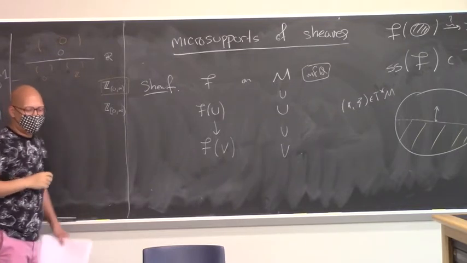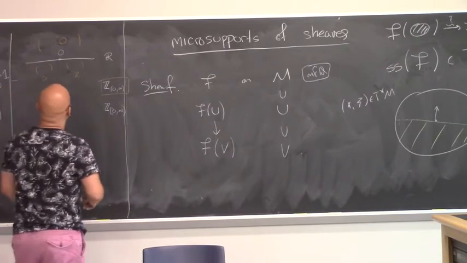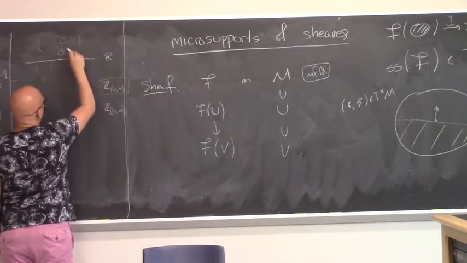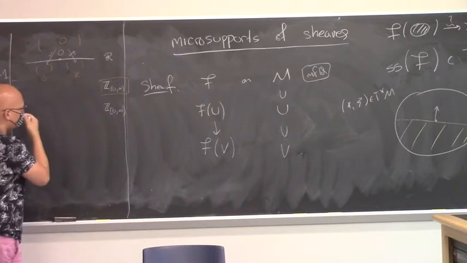Okay. So now if we think about these restriction maps, the restriction map in this direction is not an isomorphism, and the restriction map in this direction is an isomorphism.